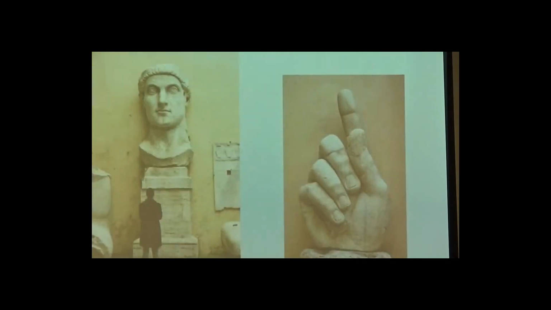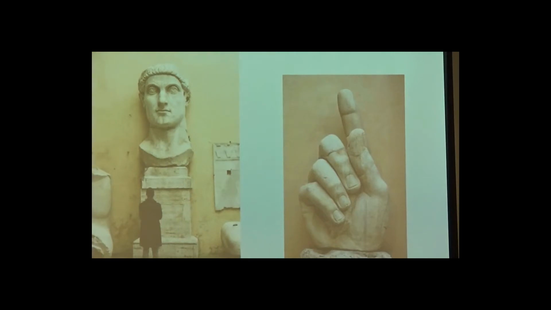Let's go to this one. This statue probably changed the world that we know today. This is Constantine. The date of this is around 312 AD. It is a colossal statue, and this is all that we have left. Somewhere there's also a foot, but there is a hand, part of a limb, and Constantine's head. And if you remember from my other lectures, Constantine has an otherworldly look, doesn't he?